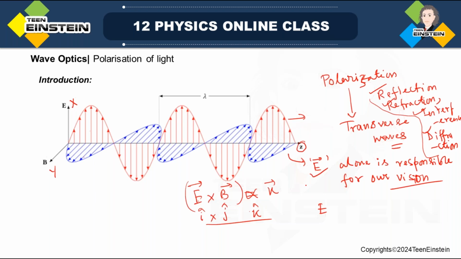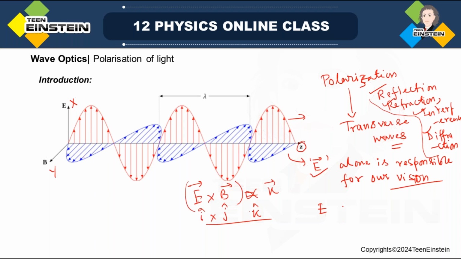One more point is that, we are learning polarization of light, but I have not spoken about what polarization is. I'll tell you, this is a special property of light, or of a transverse electromagnetic wave.